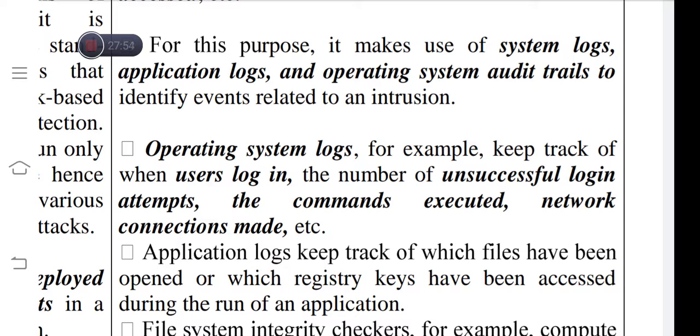All this information will be maintained in the operating system logs. So using this, various analyses can be done. It can identify the pattern of behavior, that is, what type of possible attack has been done.